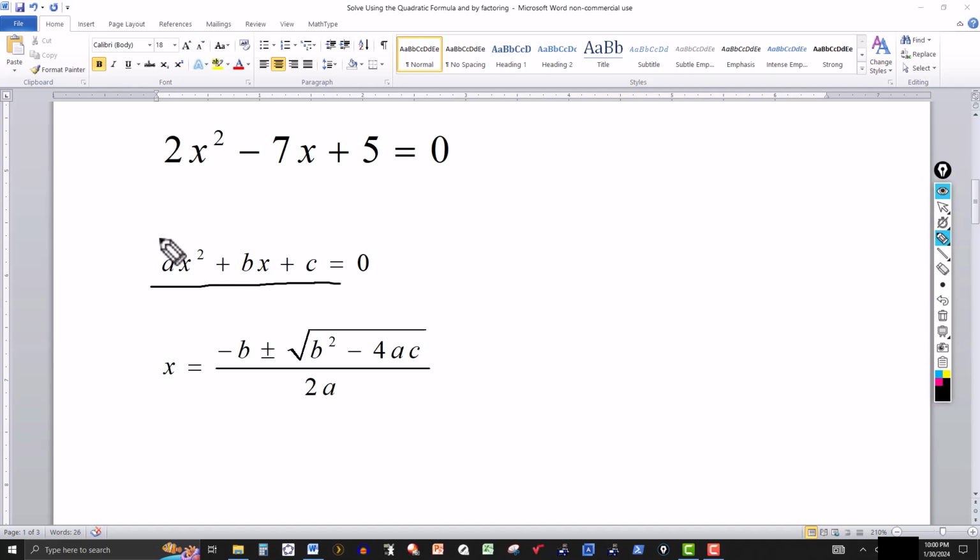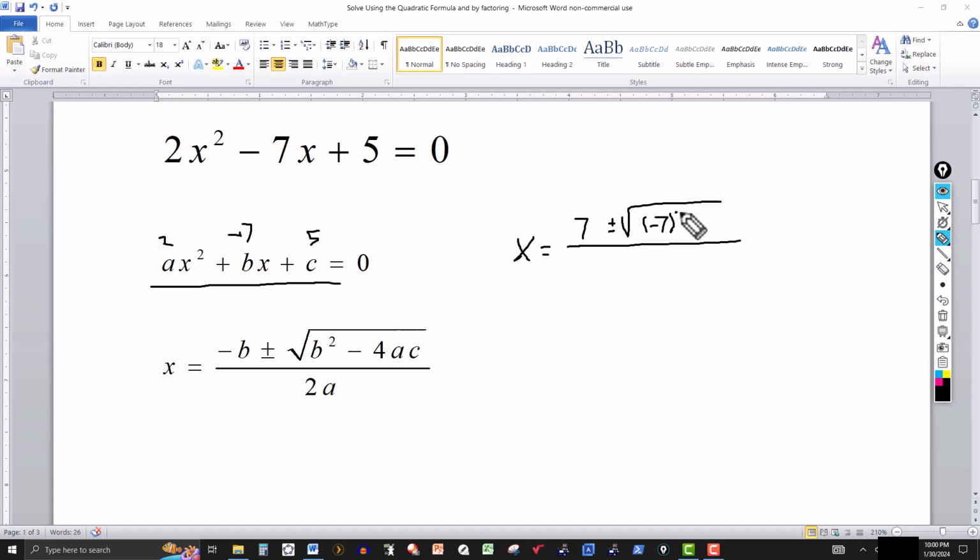The a here would be 2. The b, coefficient of the x, would be a minus 7. And the c would be 5. And then we just plug it into this formula here. So x is equal to, it has a minus b, so it's the opposite of whatever b is, and b is negative 7. So this will be positive 7, plus or minus the square root of b squared.